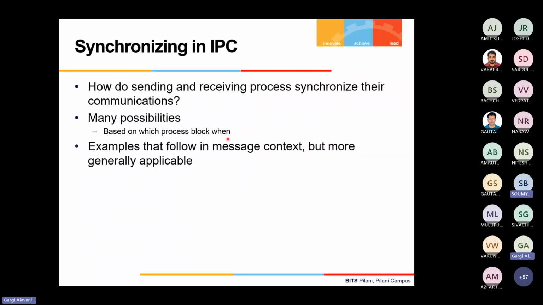At that time, it might create a deadlock kind of situation, or we get incorrect outputs. So we need to place a transaction lock on the database, and therein synchronization is involved.